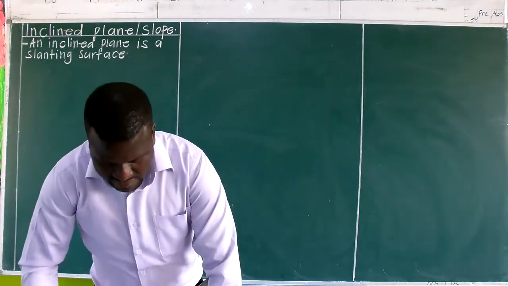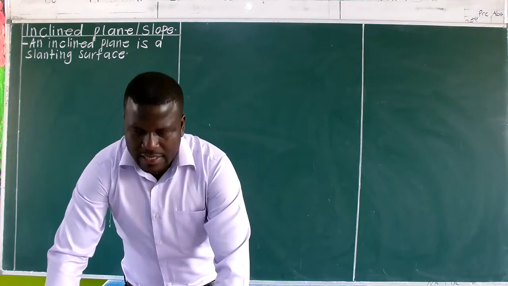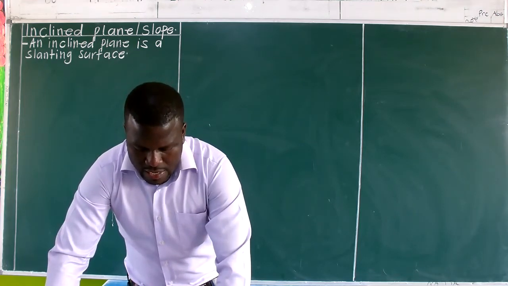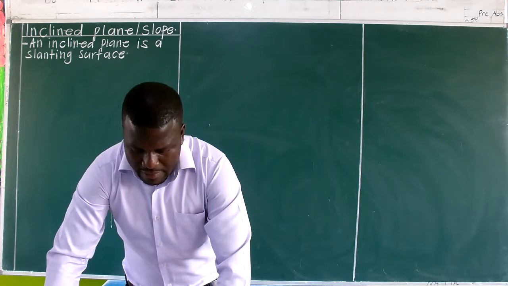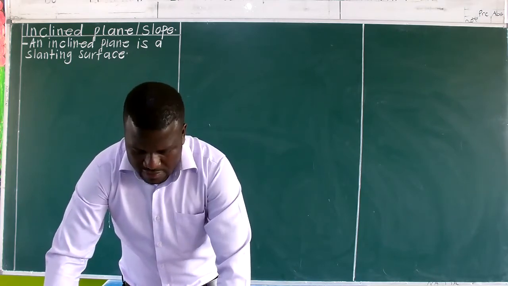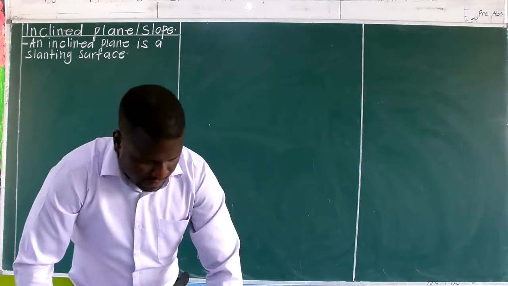Any surface that is slanting can be described as an inclined plane. Now, how are inclined planes important in our daily life? Maybe before we look at importance, let's have a look at examples of inclined planes.